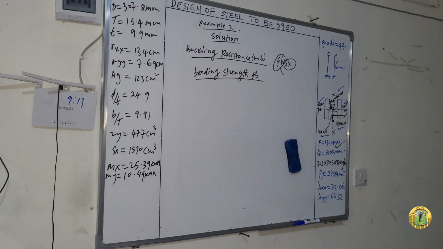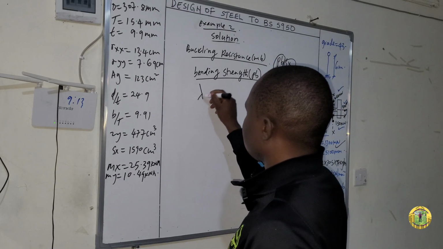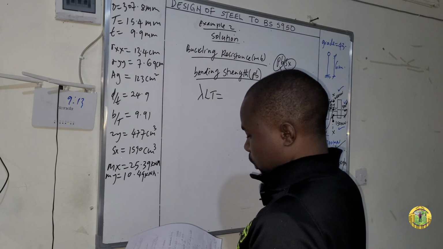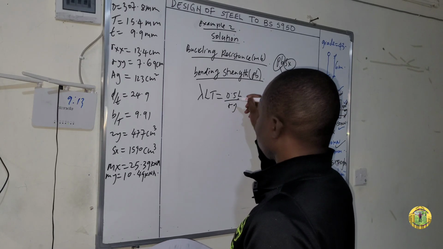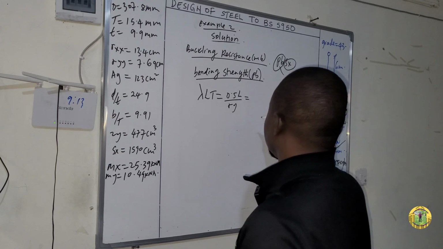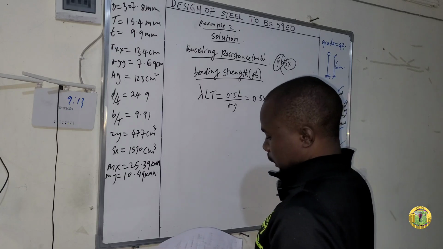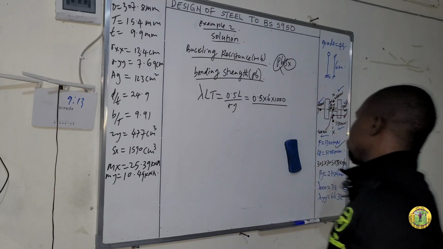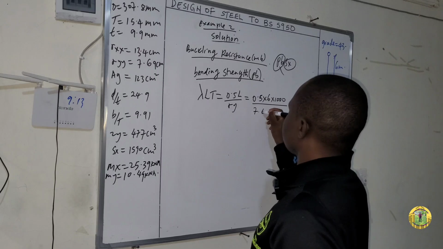So for us to calculate the PB, which is the bending strength, we need these values. We need this value, which is given by 0.5 L over Ry. So this one is equal to 0.5 times length, which is 6, then times 1000, change it from meter to millimeter, then Ry 7.69.